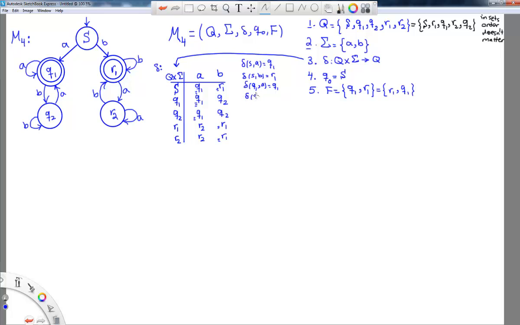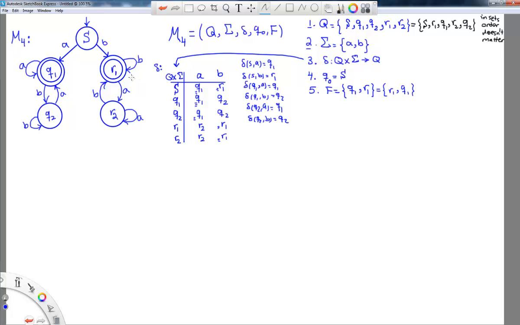Delta of Q sub 1 and B is Q sub 2. Delta of Q sub 2 and A is Q sub 1. Delta of Q sub 2 and B is Q sub 2.